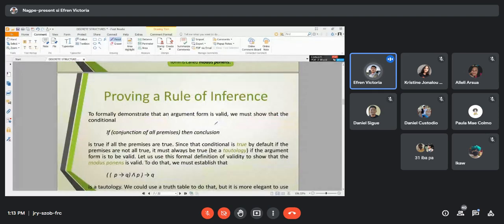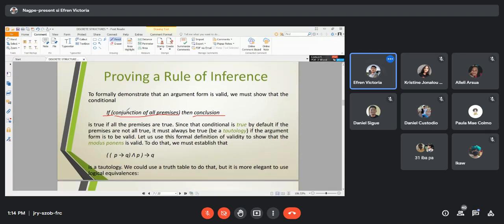So, proving a rule of inference. To formally demonstrate that an argument is valid, we must show that the conditional, if conjunction of all premises, then conclusion.